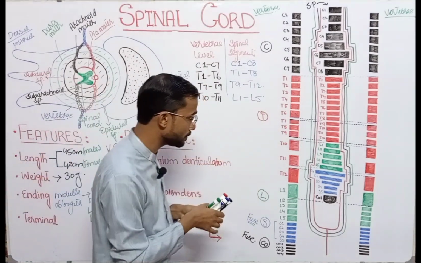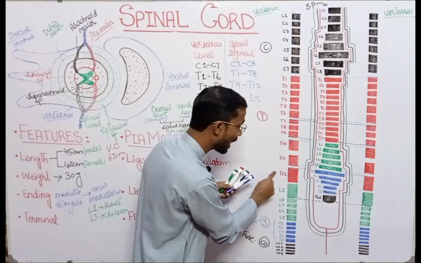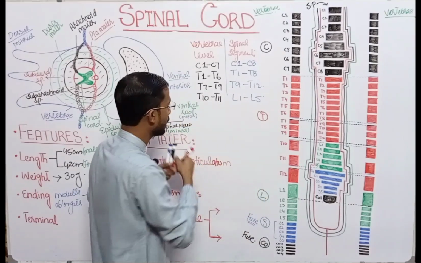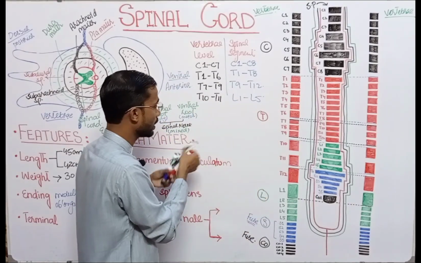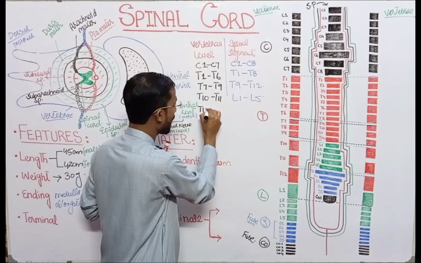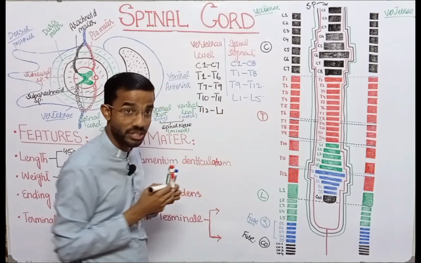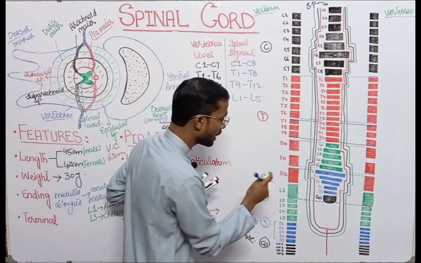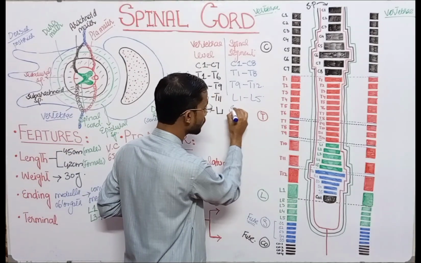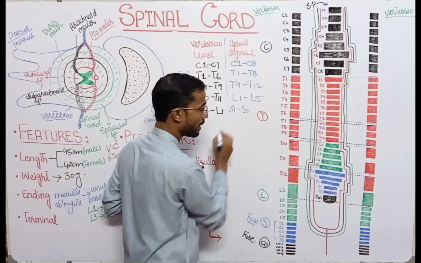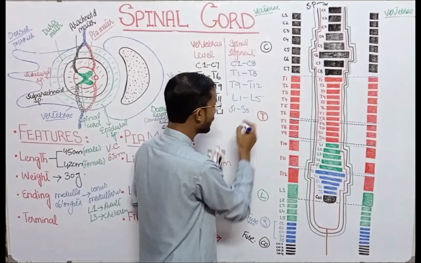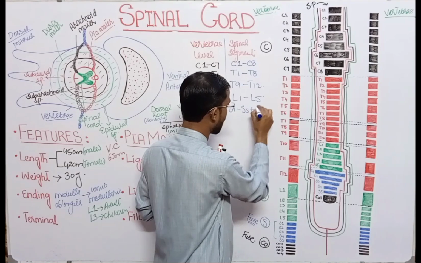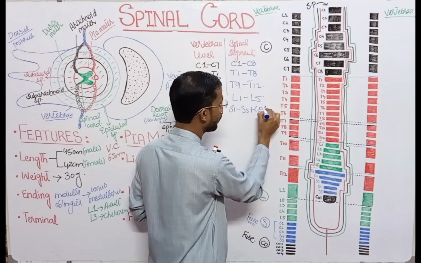And last is T12 and L1. In the T12 to L1 region, what segments are present? You will see the S1 to S5 segments, and last is the coccygeal segment, coccygeal segment 1.